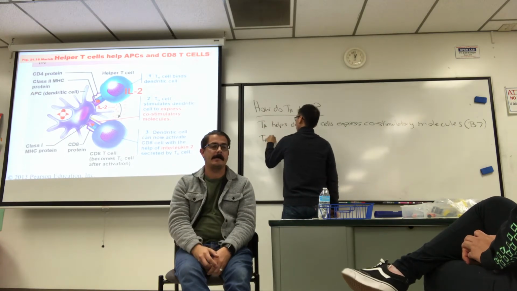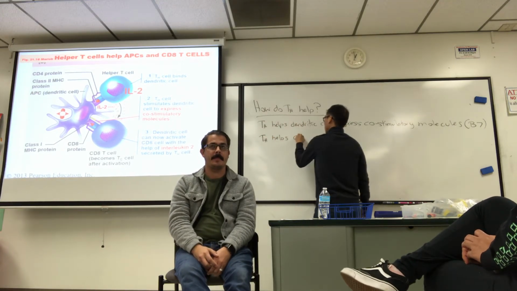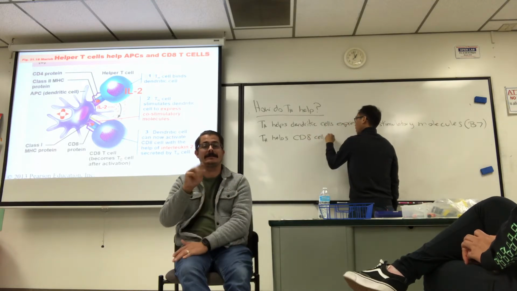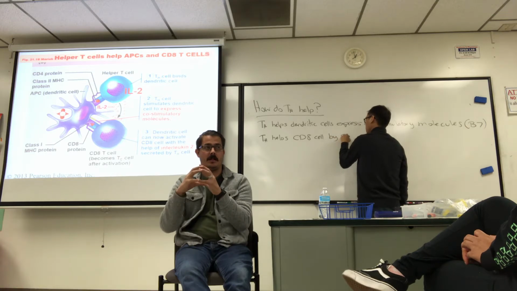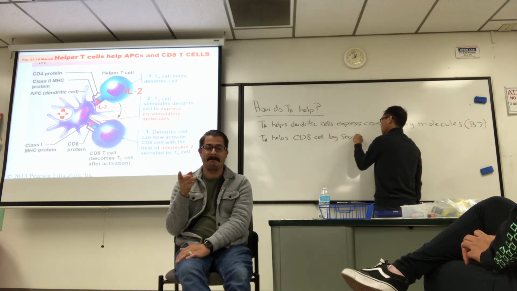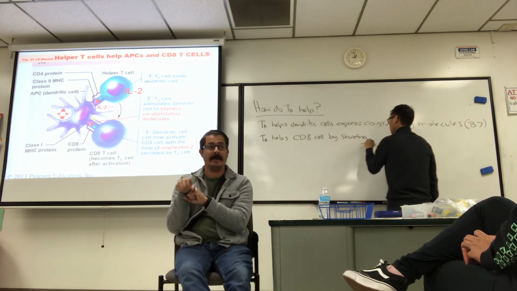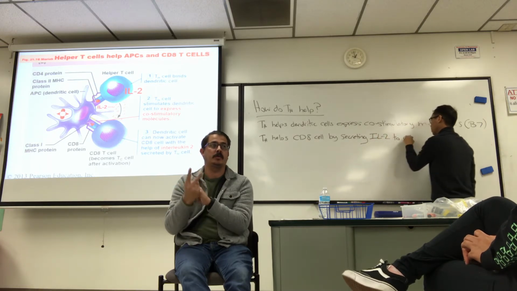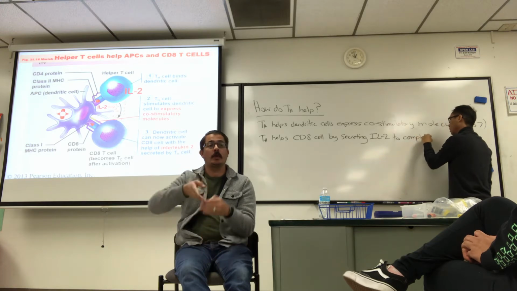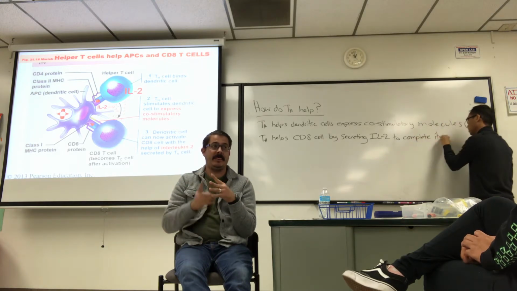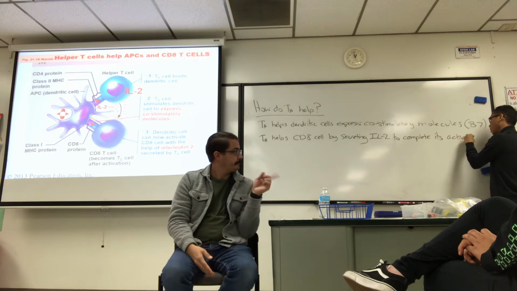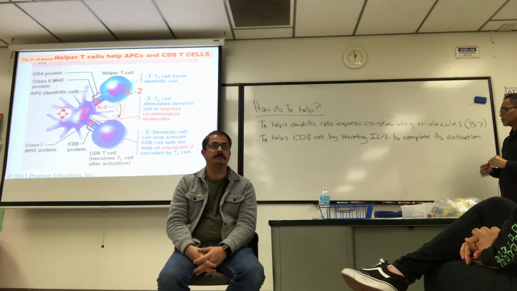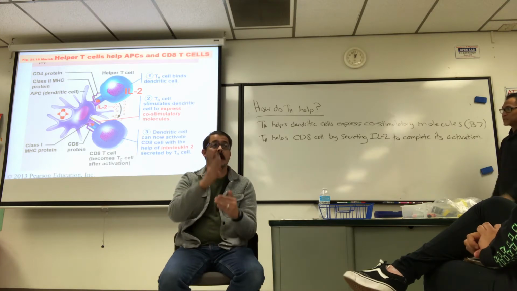So the T helper helps the CD8 cell by secreting IL-2 to complete its activation. So IL-2 is completing the activation of that CD8 cell.